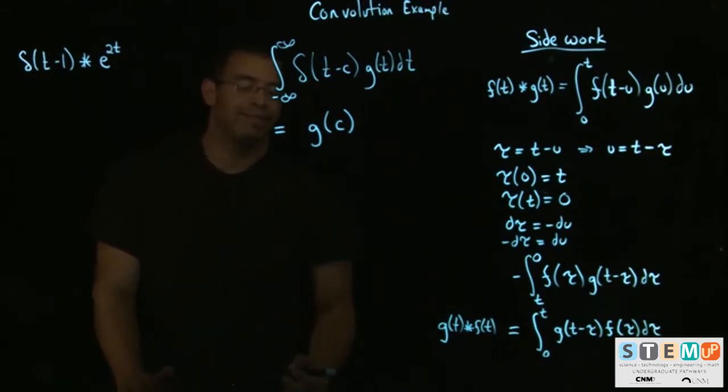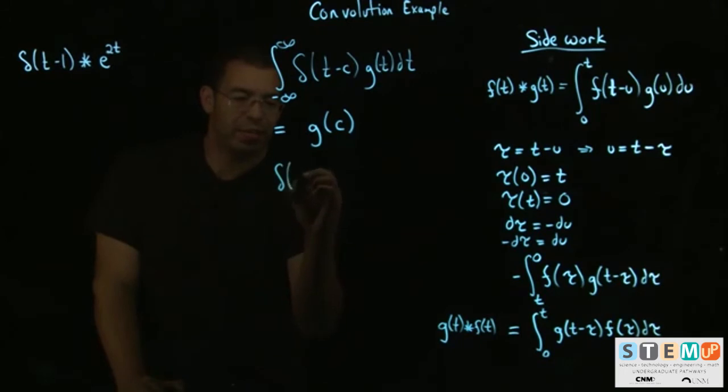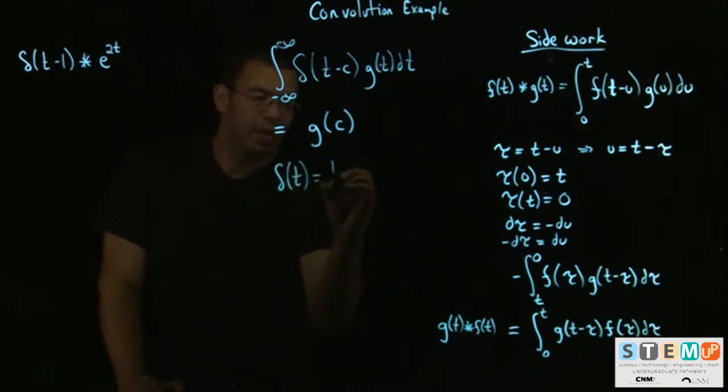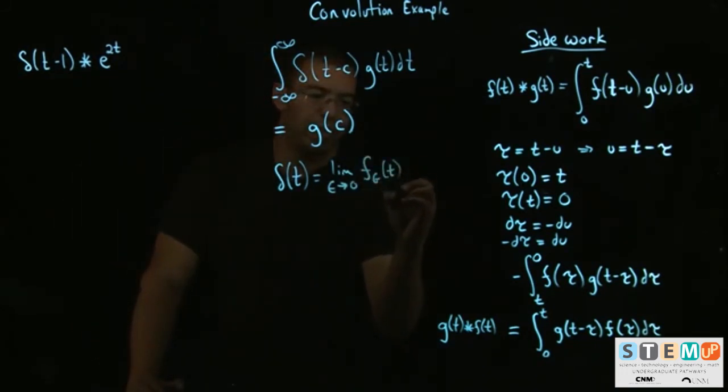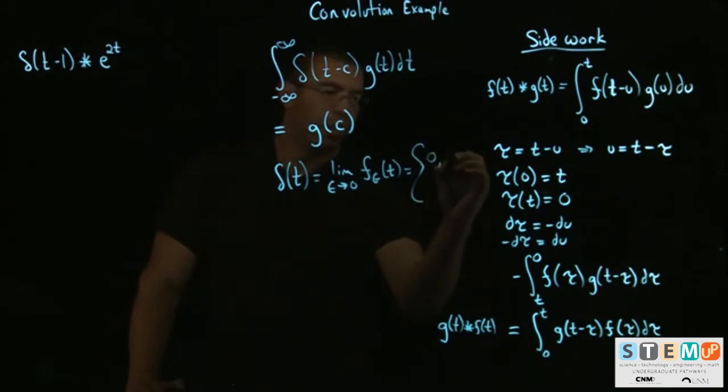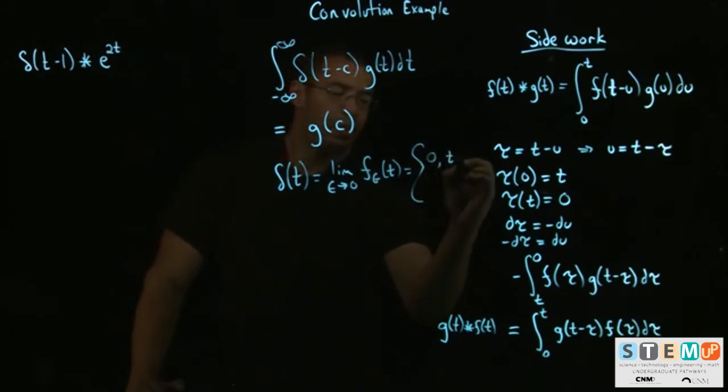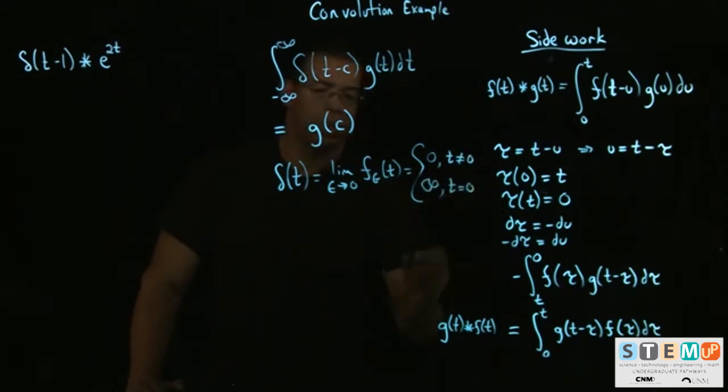Remember that the Dirac delta function is equal to the limit as epsilon goes to 0 of f sub epsilon of t, right? And this is equal to 0 when t is unequal to 0, and infinity when t is equal to 0.